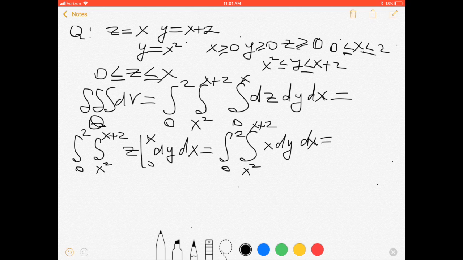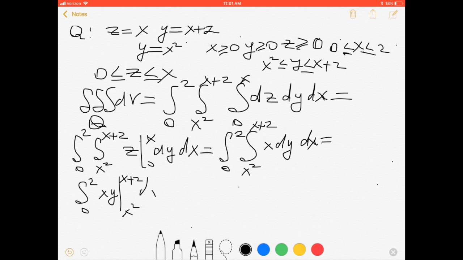Equal, integral with respect to y. You have xy. This means here we have integral from 0 to 2 of xy, where y is from x squared to x plus 2.